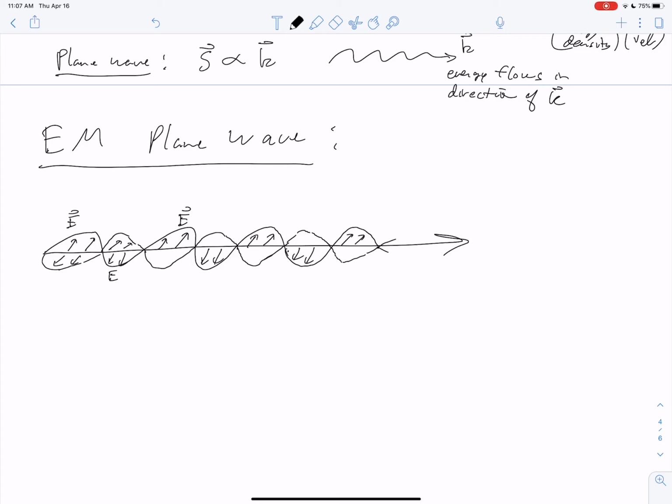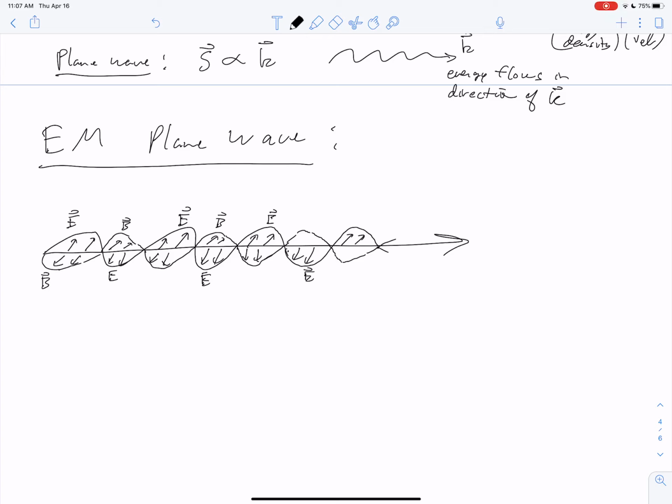So this is the E field up here, and then this is the B field. I'm not sure that my drawing really is working too well. Yeah, I'm not doing too good a job here. But the point is that they're perpendicular to each other. I was trying to draw that. Not sure that I really pulled it off.